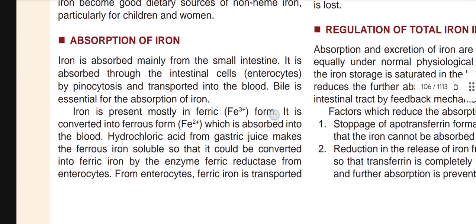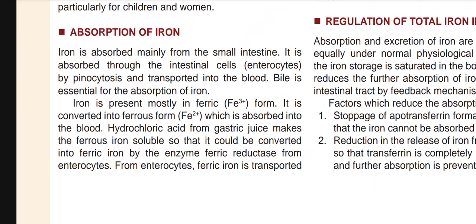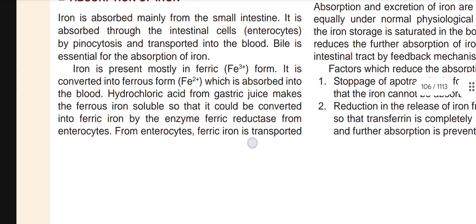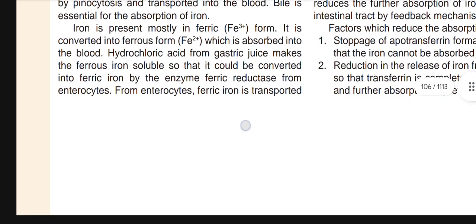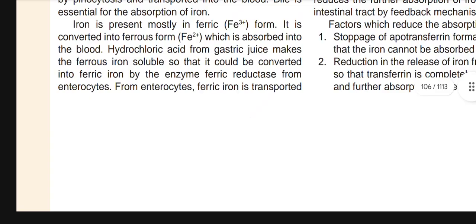Then absorption of iron. Iron is absorbed mainly from the small intestine, through the intestinal cells, enterocytes, by pinocytosis and transported into the blood. Bile is essential for the absorption of iron. Iron is present mostly in ferric form, and it is converted into ferrous form or Fe2+, which is absorbed into the blood.